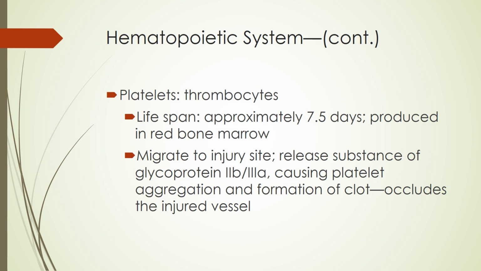They are manufactured in the red bone marrow, like I said. Two-thirds of the total 150,000 to 350,000 platelets circulate in the blood, contributing to homeostasis. The other one-third is stored in the spleen.